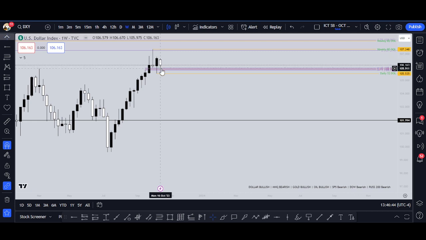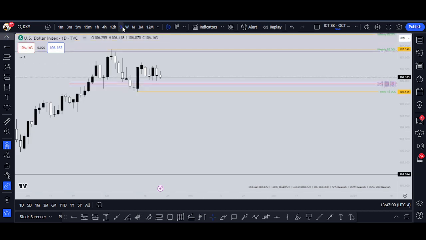I'm thinking that when we open up, we may want to take out this low at some point throughout the week and press up. Let's take a look at the daily really quick. This FVG has been respected.